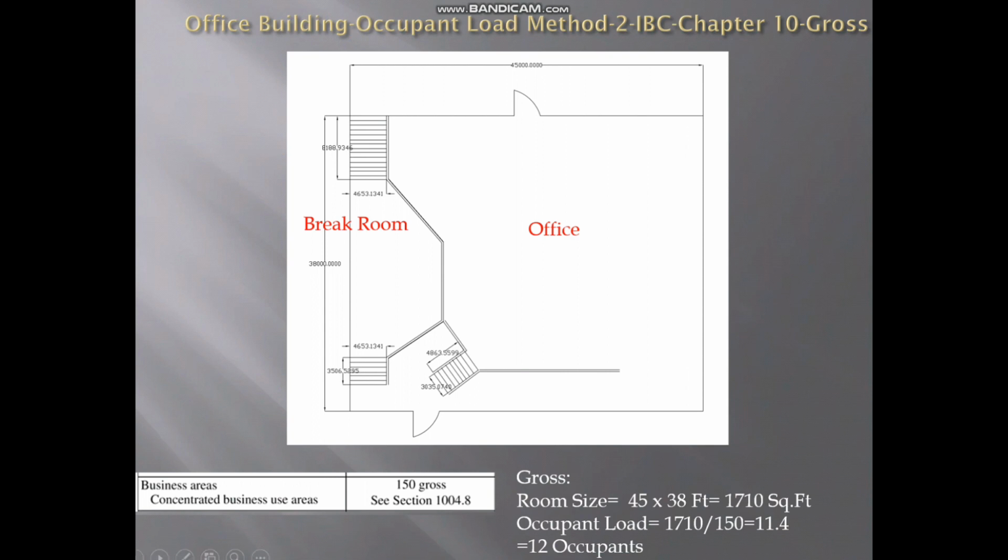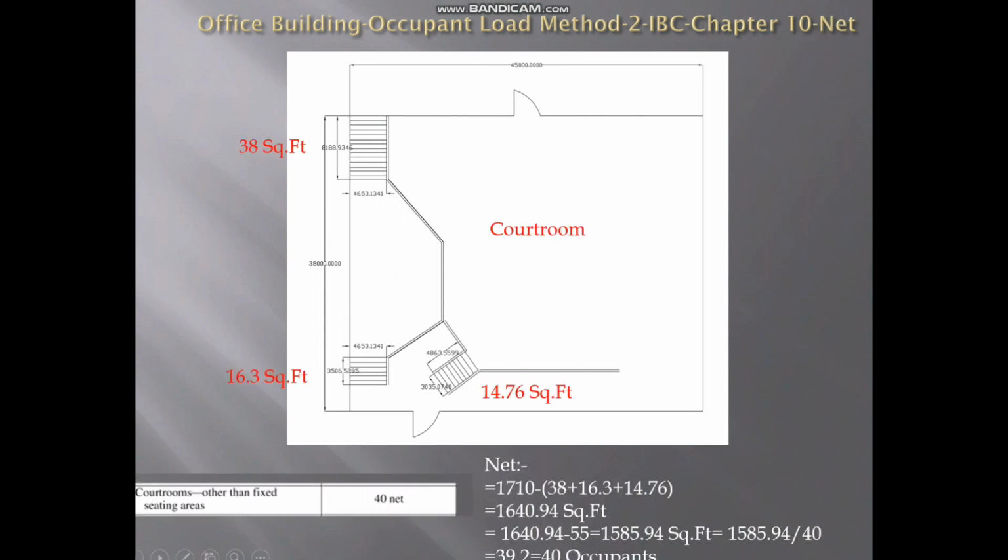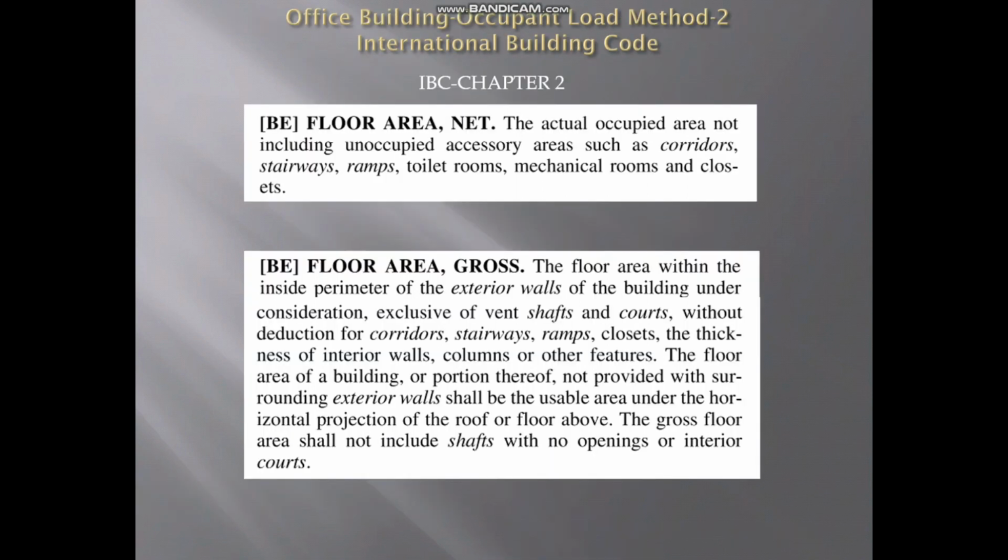There is no change in the total area, but the important thing is to see the IBC definition before finalizing this. The definition in IBC chapter 2 indicates that floor area, net, is the actual occupied area, not including unoccupied accessory areas such as corridors, stairways, ramps, toilet rooms, mechanical rooms and closets. Mechanical rooms are like a pump room or heat exchanger room.